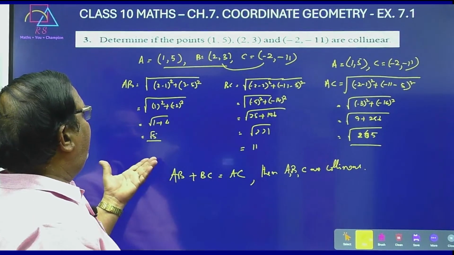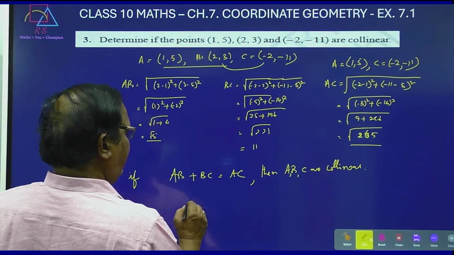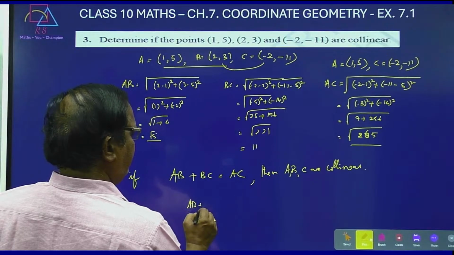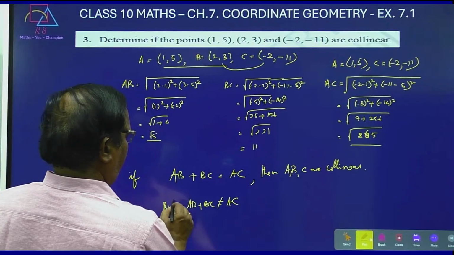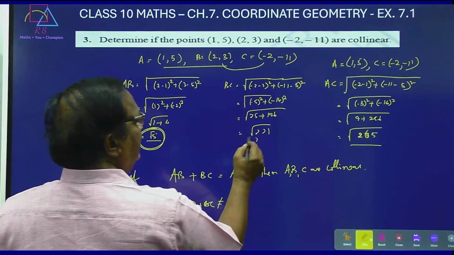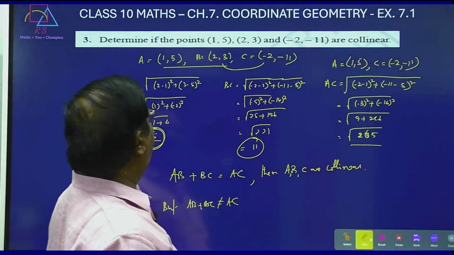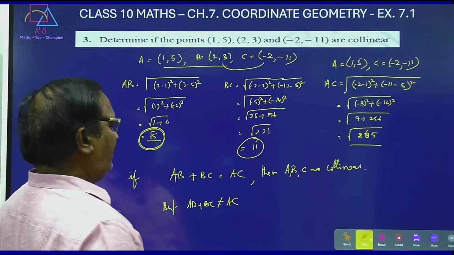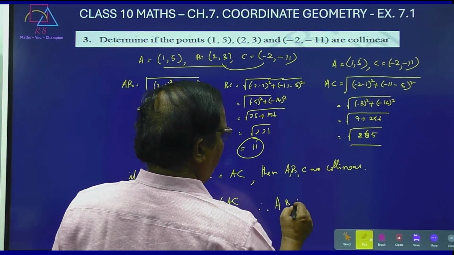But AB plus BC is not equal to AC. That means if you add these two, you are not getting root 265. Okay. So therefore A, B, C are not collinear.